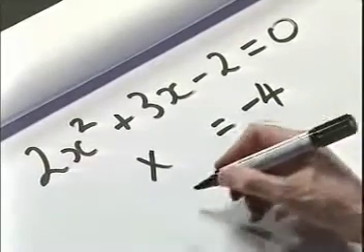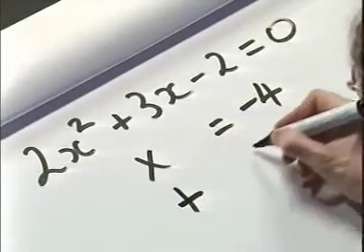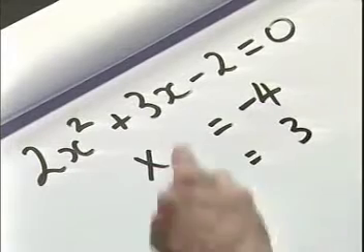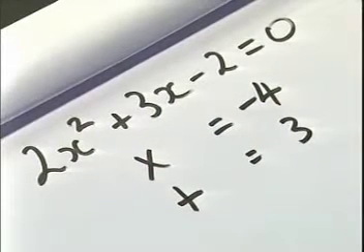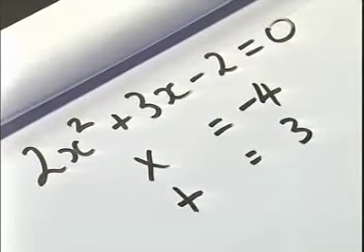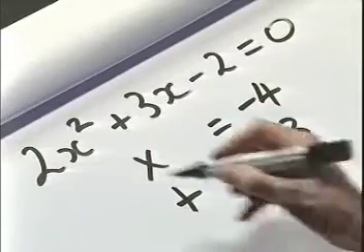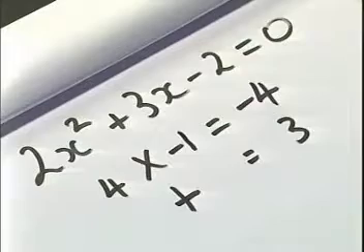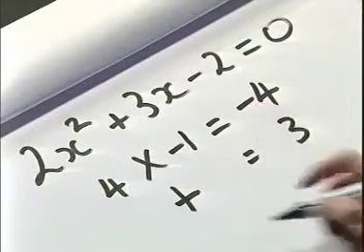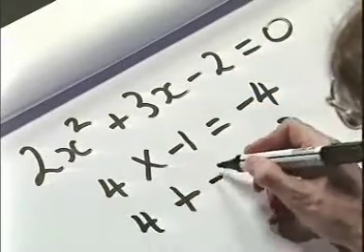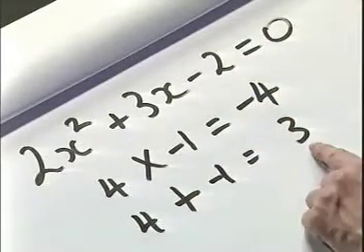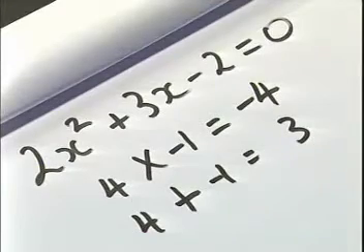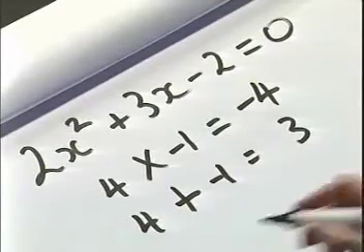We're looking for those same two numbers to add together to give us 3. Well, 4 times 1 would give us 4, and if we made the 1 a minus 1, 4 times minus 1 would make minus 4, and 4 plus minus 1 would give us 3. So these are our two numbers that we need.